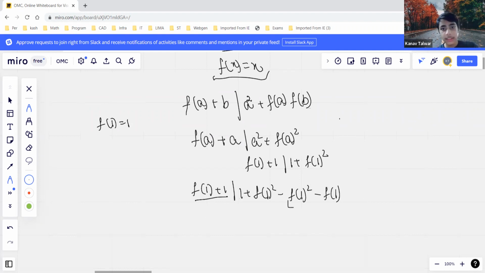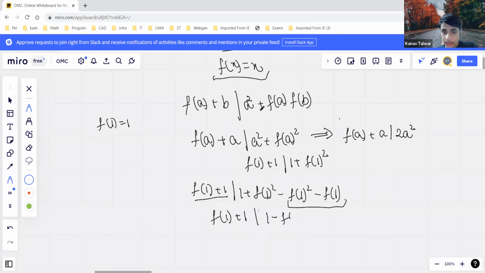Yes. Someone also said that this actually implies f of a plus a divides twice of a squared. So I'll just do it for f of 1 and then you can generalize for a squared. This gives that f of 1 plus 1 divides 1 minus f of 1, or equivalently f of 1 plus 1 divides f of 1 minus 1. This clearly implies that f of 1 has to be 1.